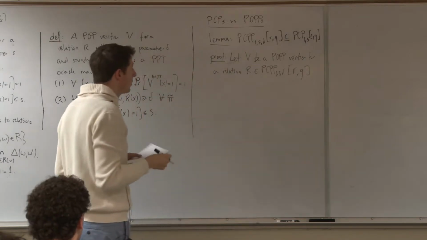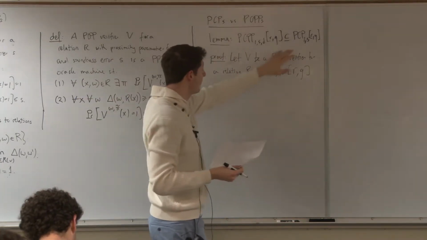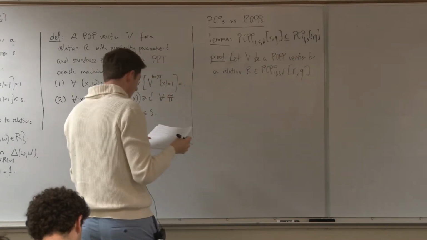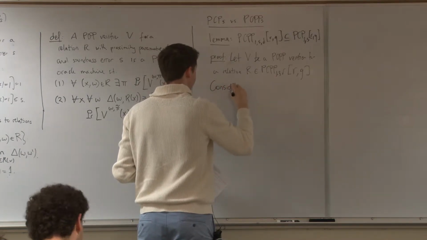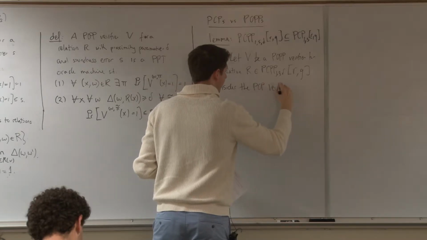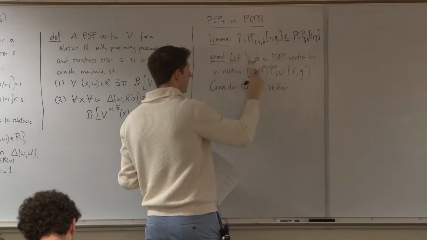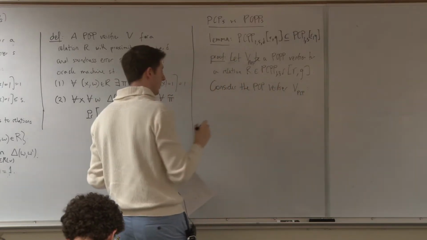We need to construct a PCP verifier for that relation in this class. So consider the PCP verifier. Let's give a name to this one. We'll put subscript PCPP here, and here we'll put a subscript PCP so that we don't get lost.